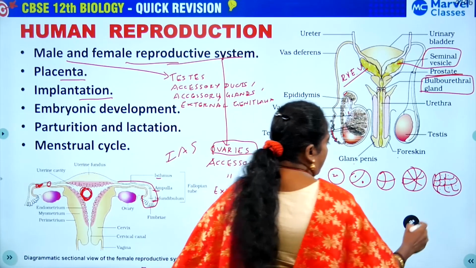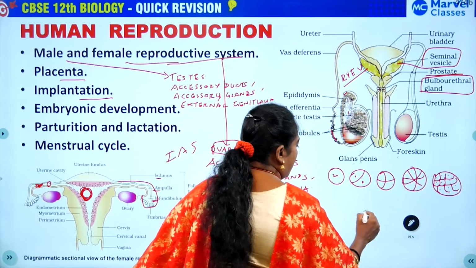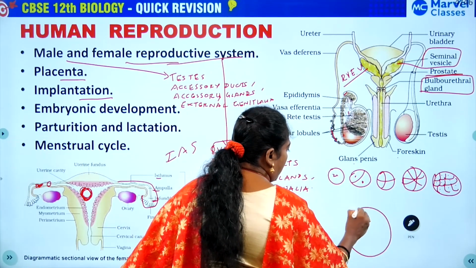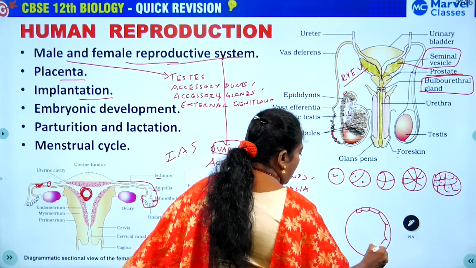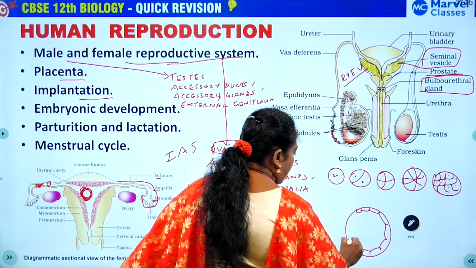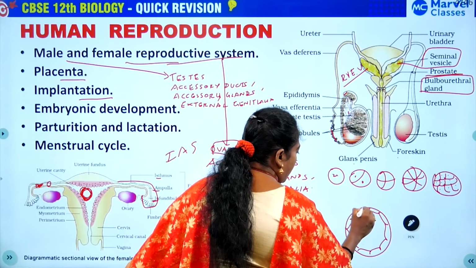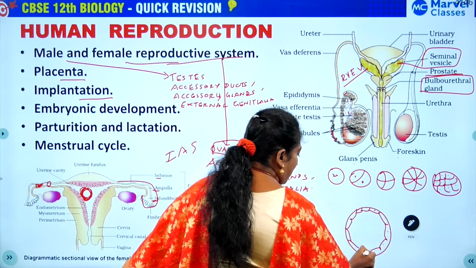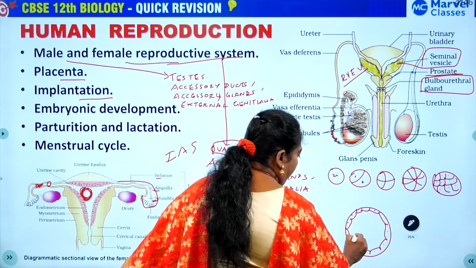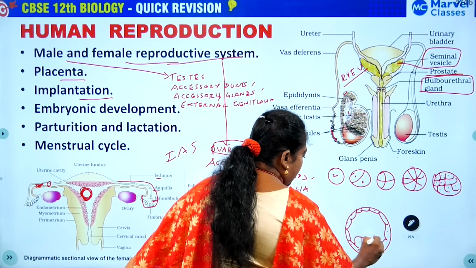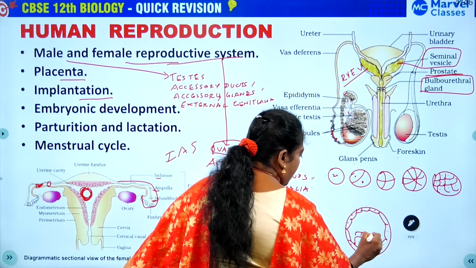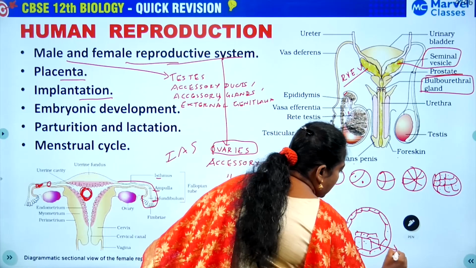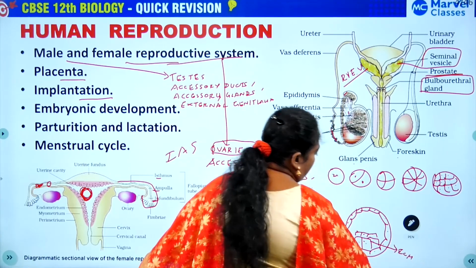Then after the morula stage, you can talk about the blastula stage, where some of the cells will move towards the periphery. Don't forget to put the nucleus also. Here you can see this is the ICM, inner cell mass, and this is going to develop into the embryo.